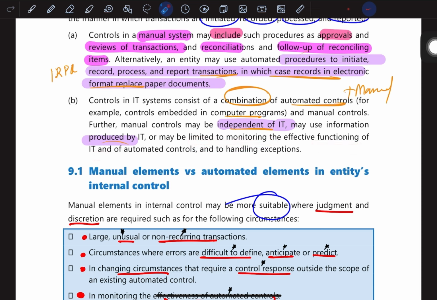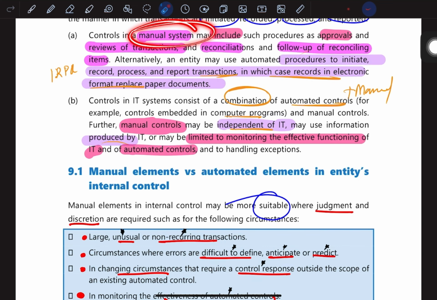controls. So basically, first, what is included in the controls in a manual system? Then when will an entity alternatively use automated procedures? And then the control in an IT system consists of a combination of both manual and automated controls. And then the last point is that manual controls may be independent of IT.